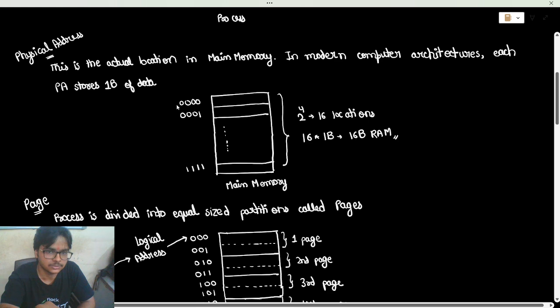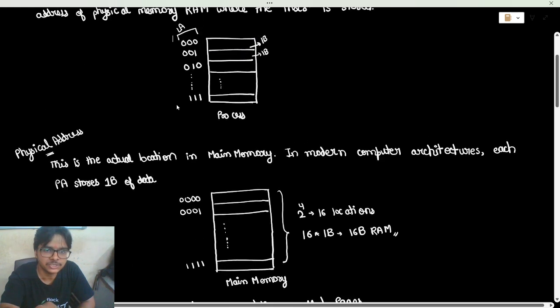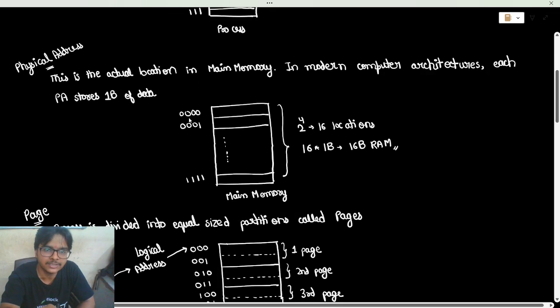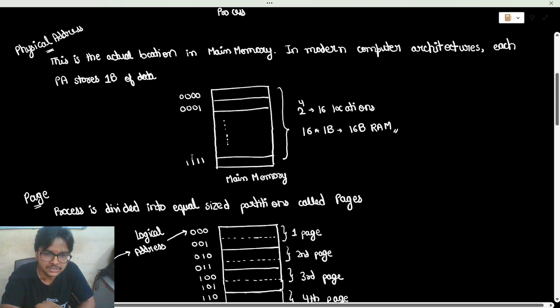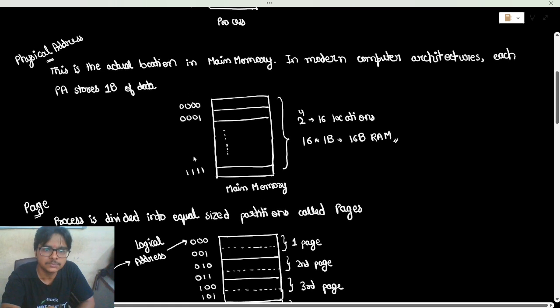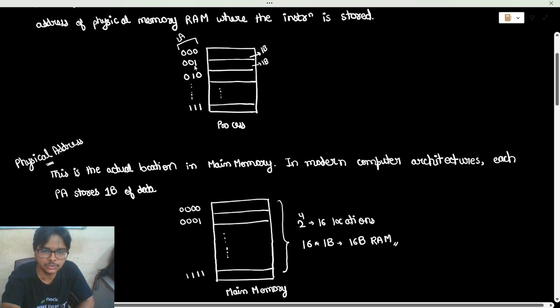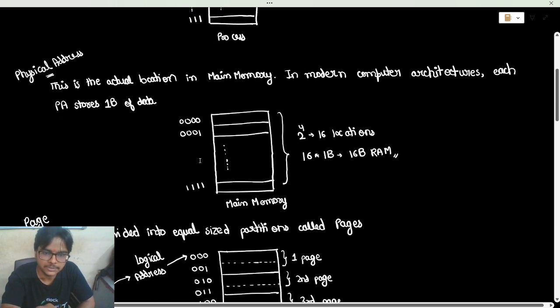Whenever the CPU requests an instruction stored at 001, the computer doesn't know what 001 is. It only knows these addresses. So the operating system comes in as a middleware and translates the logical address 001 into a particular address of main memory.